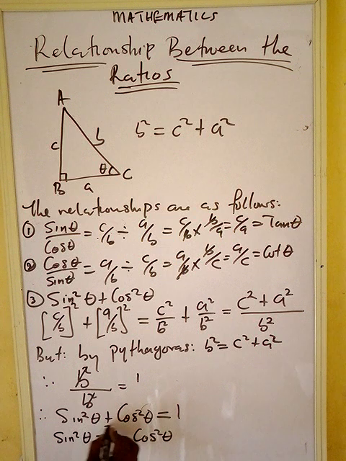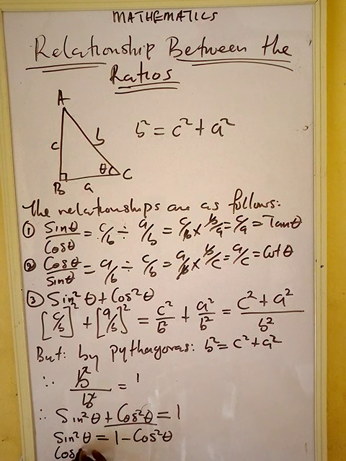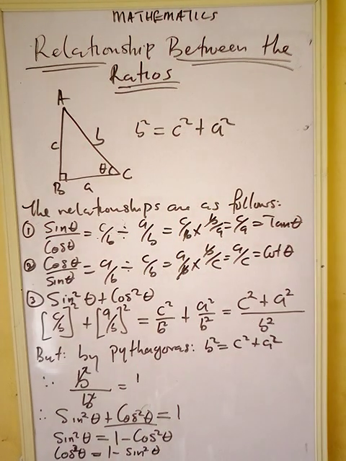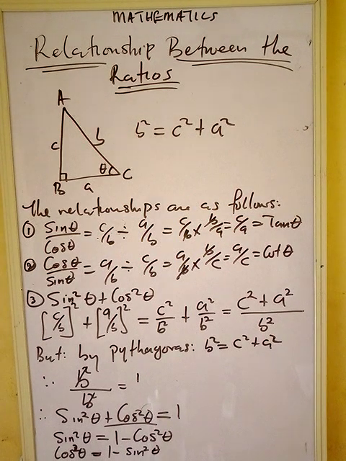You bring this plus cos theta squared to the other side, it turns to minus cos theta squared. In the same way, cos theta squared is the same thing as 1 minus sin theta squared. And this is the relationship that exists between both of them.